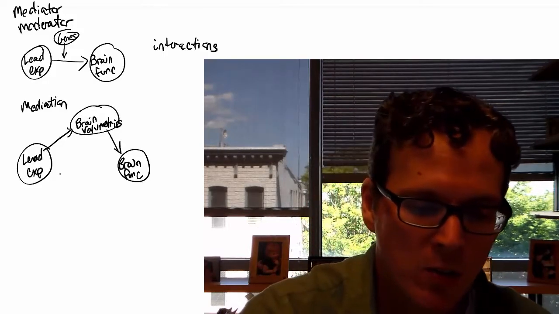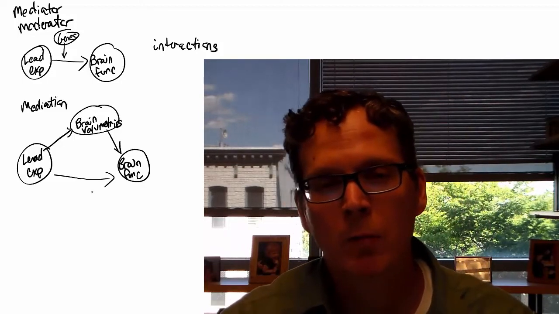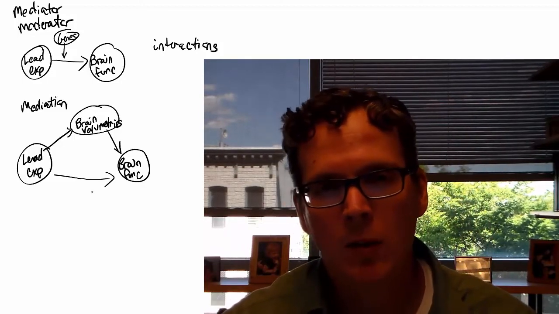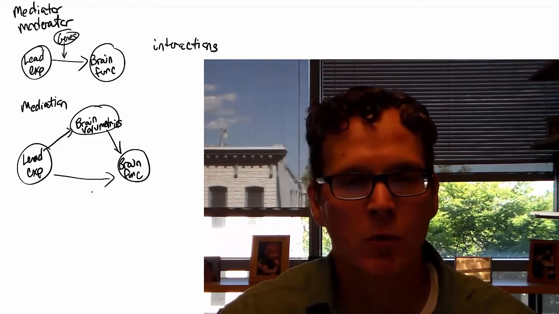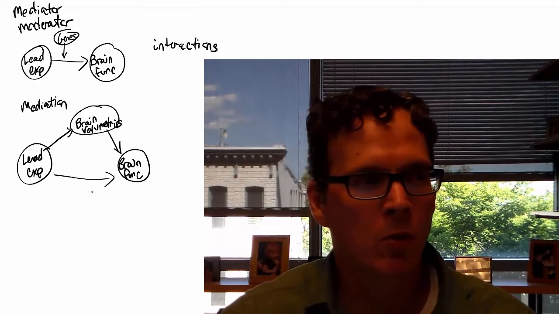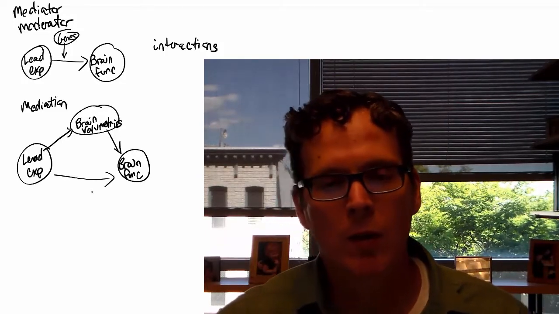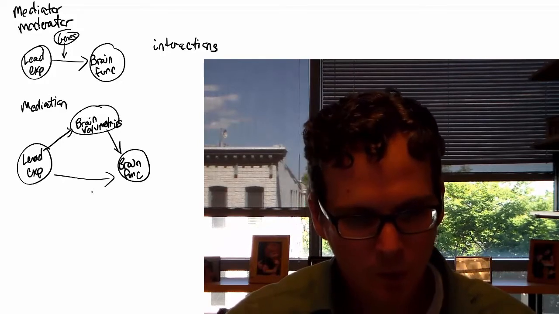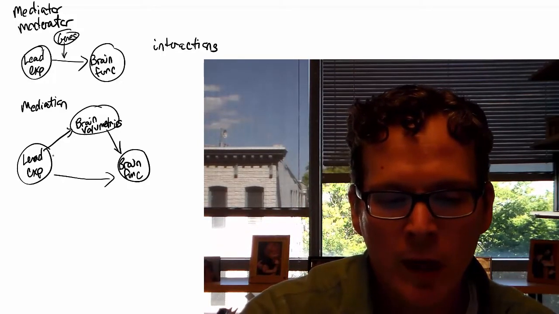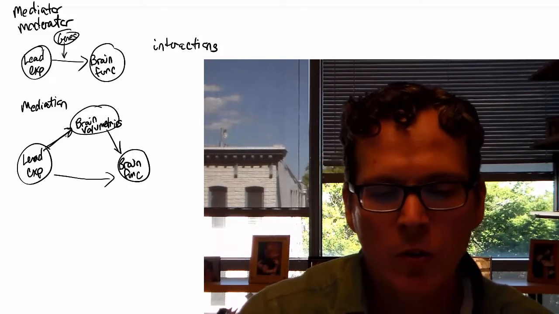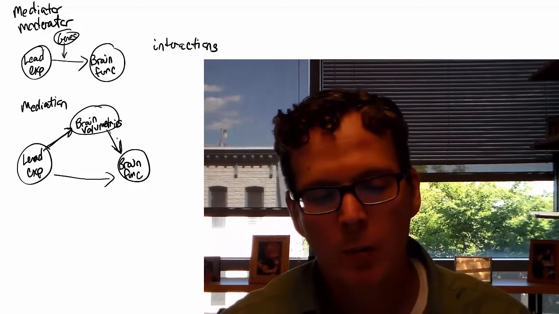Then we might still leave this other arrow here, because we might think there are ways other than brain volumetrics that lead is impacting brain function. It might be through some other aspect of the brain, some more chemical factor rather than volumetric factor. So what we're saying here is that the lead exposure causes a change in brain volumetrics, which then causes a change in brain function.